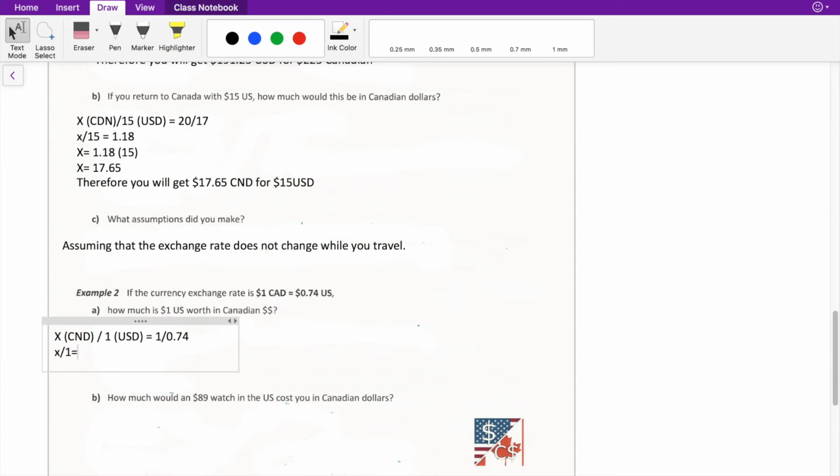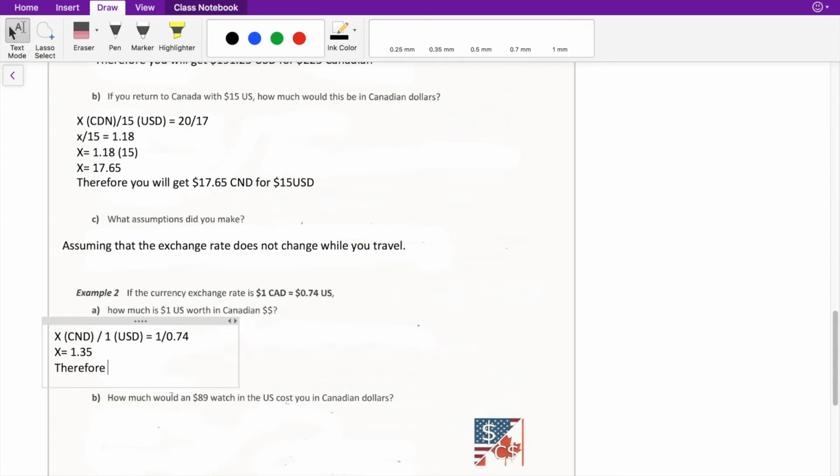Okay? So because we have x over 1 here, I'm just going to reduce this, take away a step, and just go x. Then we're going to go 1 divided by 0.74 equals 1.35.